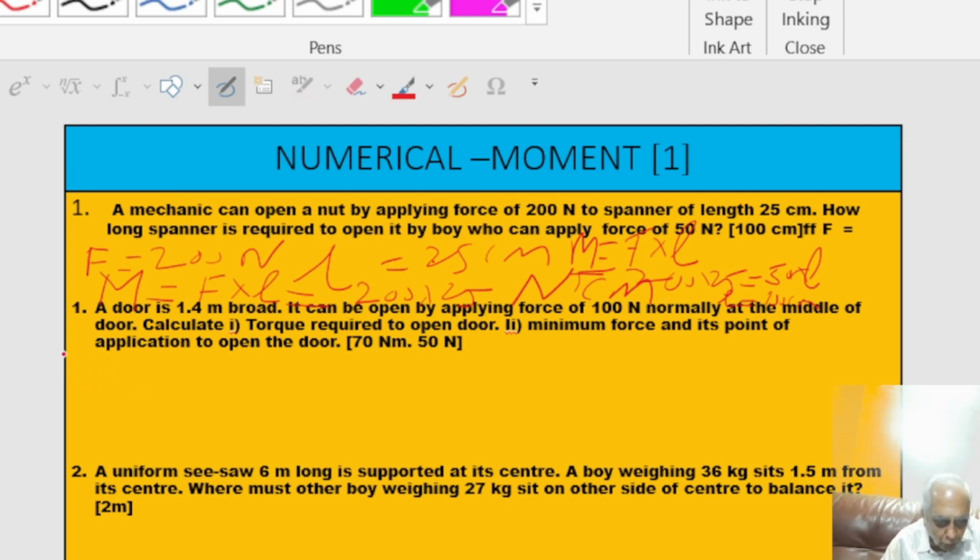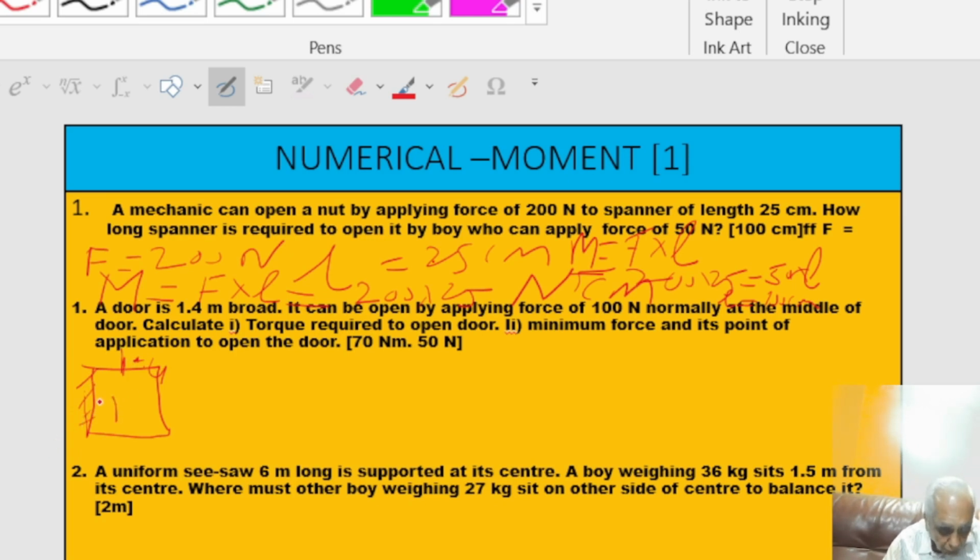Then we will go to the second sum. The second sum is: a door is 1.4 meter broad. So this is the door, and we will assume the door is fixed at this stand.